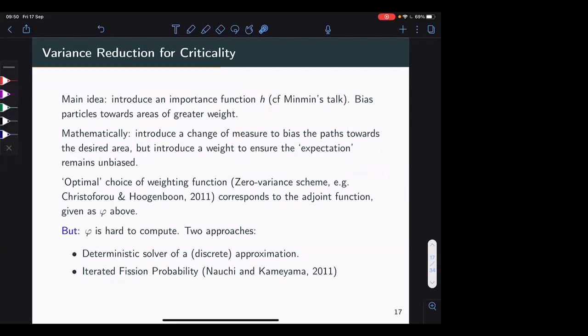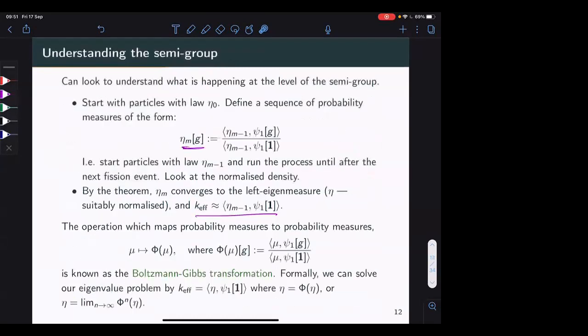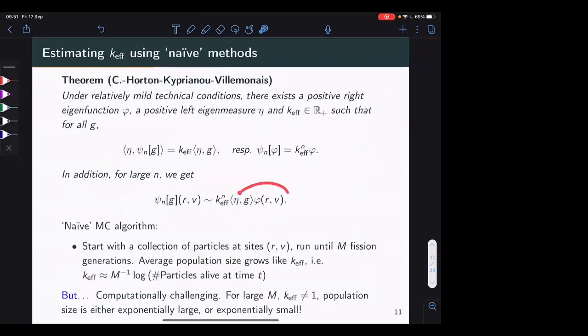These things tend to be called zero variance schemes because if you choose this H correctly, you get no variance. And of course, this corresponds to this adjoint function phi, which I had somewhere up here, this thing here. So it turns out the correct choice of H is the phi that comes out of this equation.